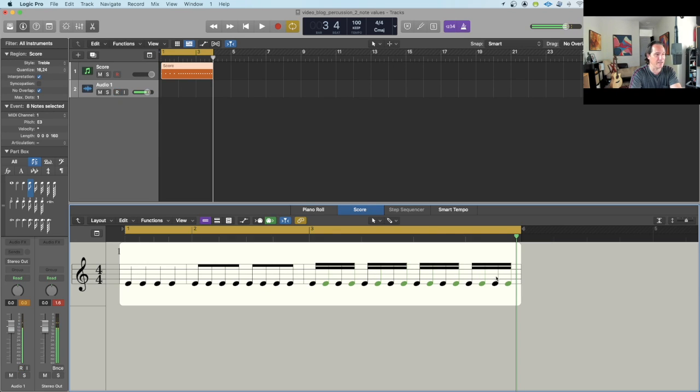But the problem is it makes it look like the bars are taking longer when in reality they're not, right? This is the same amount of time to go through these 4 notes as it is to go through these 8th notes, as it is to go through these 16th notes. The time is the same. That's the critical part. It's just you're stuffing more notes in there, right? So let's listen to this.